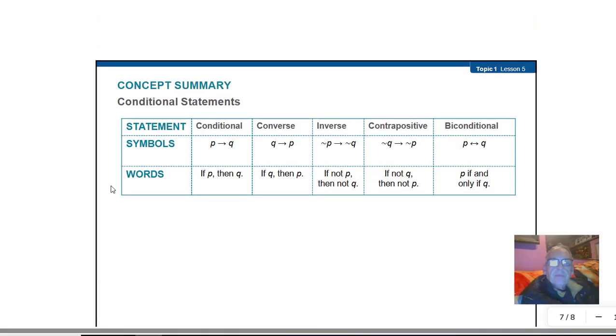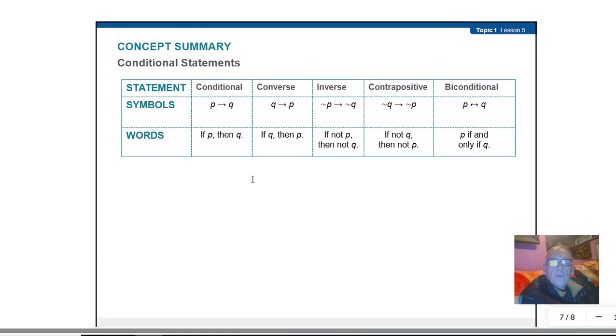Concept summary. If P then Q, if Q then P, if not P then not Q, if not Q then not P. P if and only if Q is how we would write those.